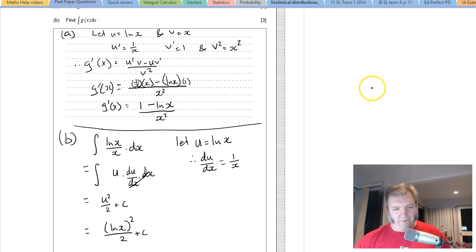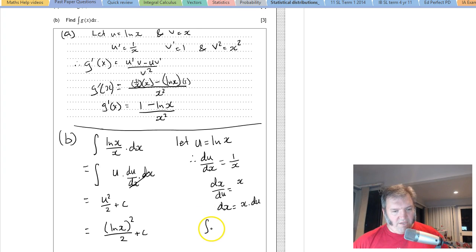Now I'll just go back quickly, if you didn't quite follow how I did that substitution. Probably the safest, easiest way to make sure you don't mess it up: here I've got du dx. Let's turn that into dx du. So I'm finding the reciprocal, which is just x. Now I want to replace dx, so I could just replace dx with x times du.